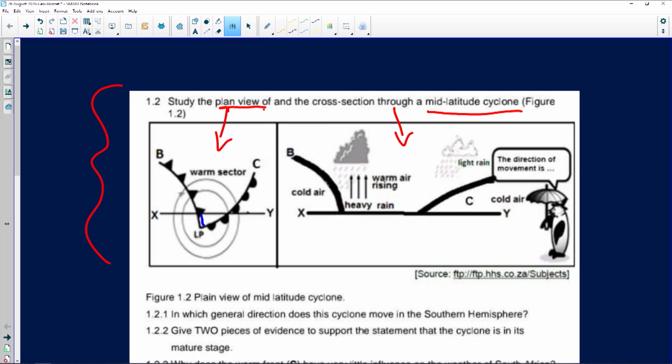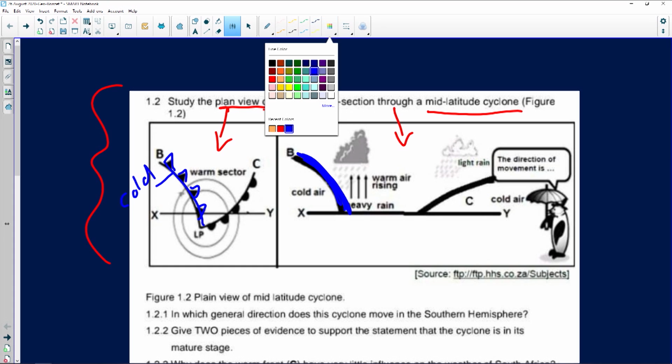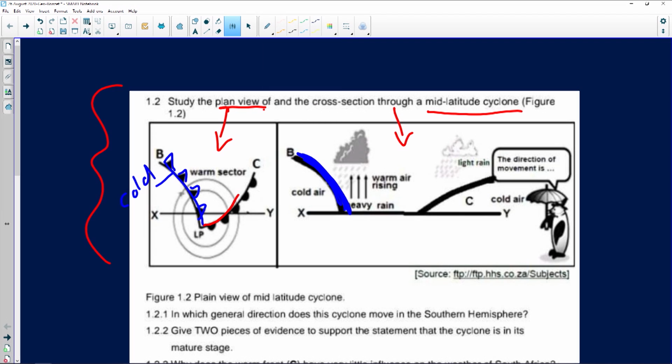B represents the cold front. If you look at it on the cross-sectional view, there you can see there's B. And C represents the warm front. It's this area over there.